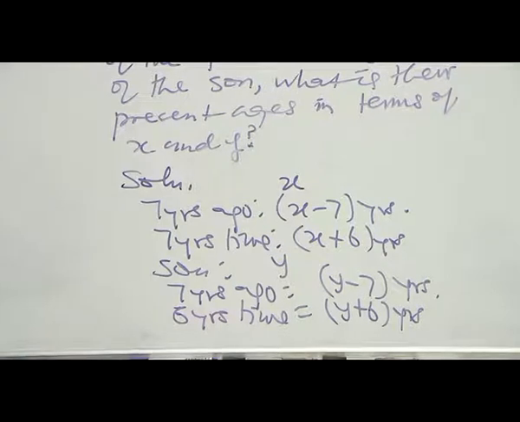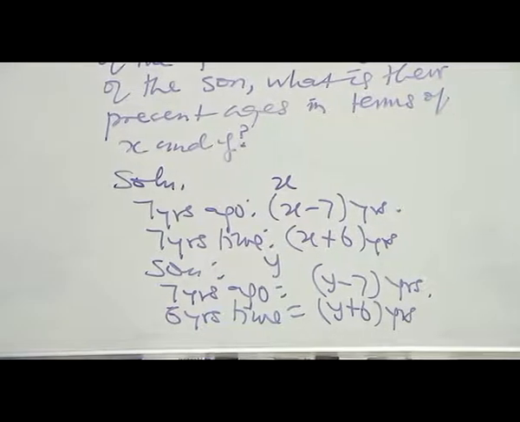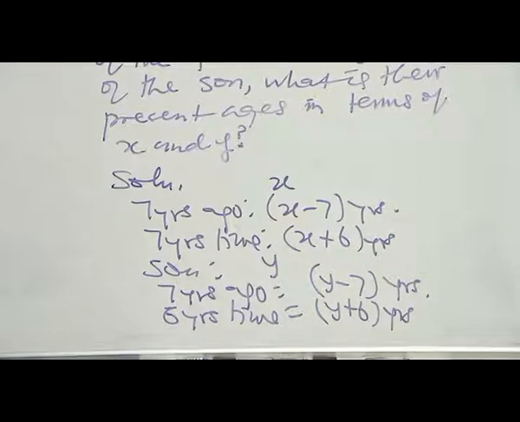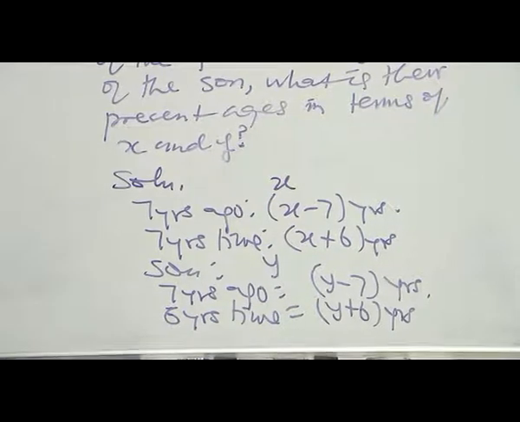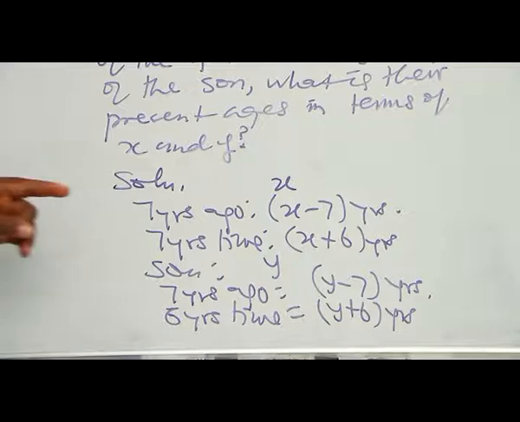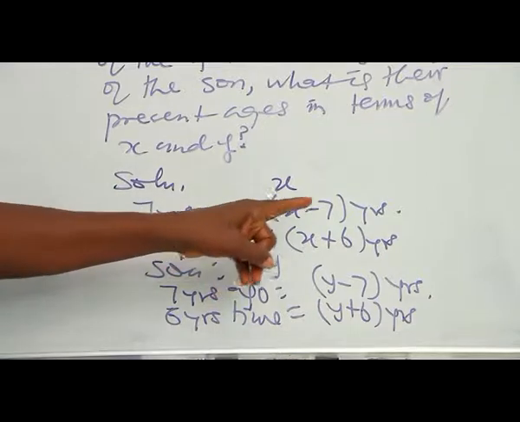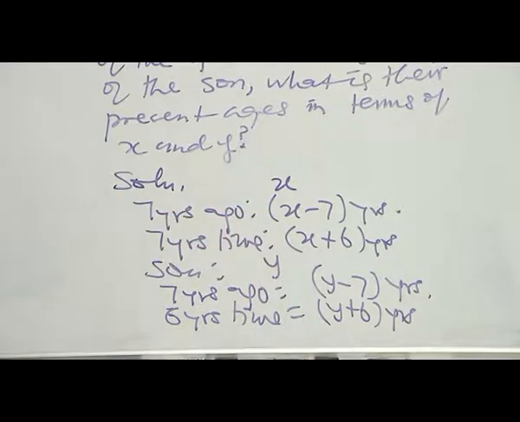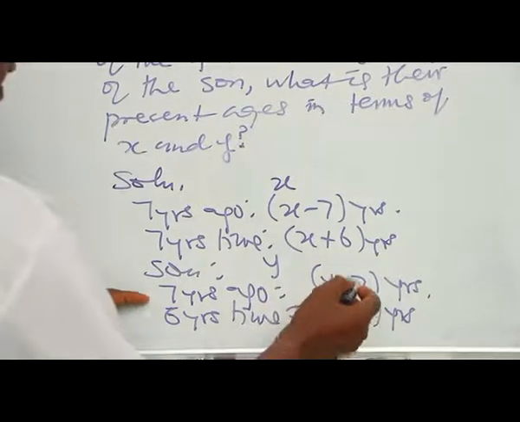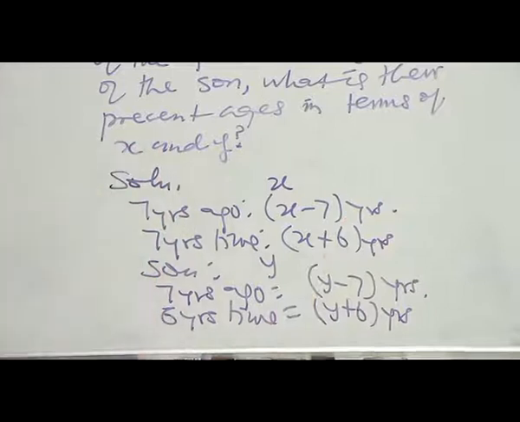We are told that 7 years ago, the age of the father was 3 times that of the son. So this is the age of the father, and it was equal to 3 times the age of the son as at that time. So let's get them out quickly.